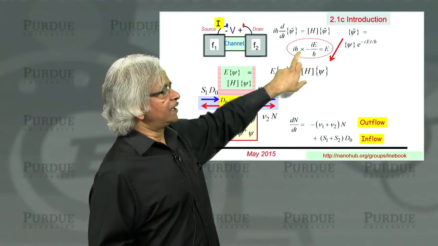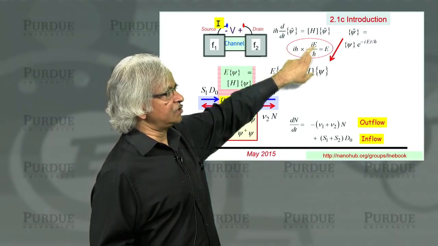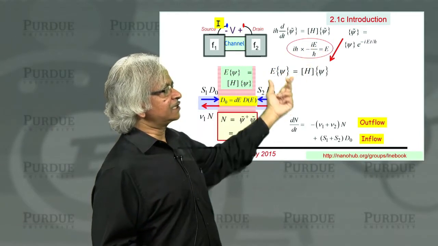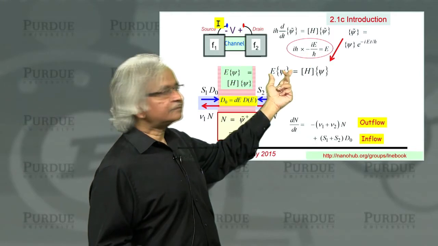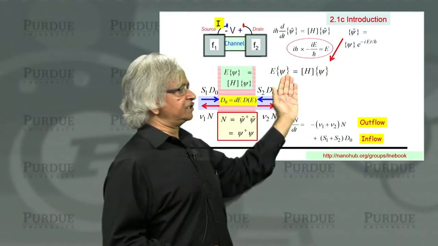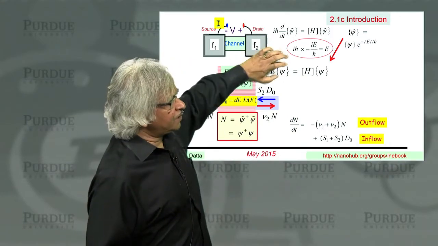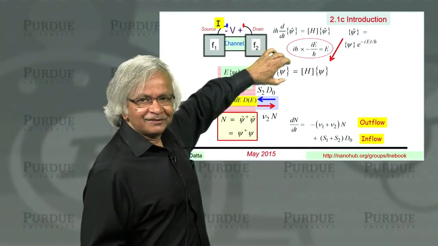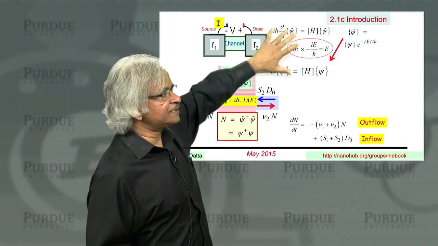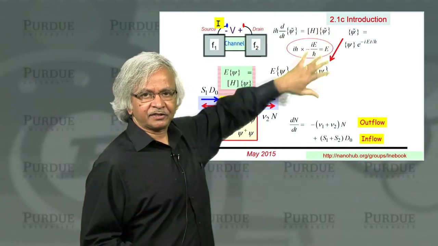You can see the h bar cancels out, i times minus i is 1, and you get E. So that's how this becomes E psi. And that exponential factor just cancels out from both sides. So generally we'll be using this, but occasionally we'll go back to this, and you should be clear about the connection.